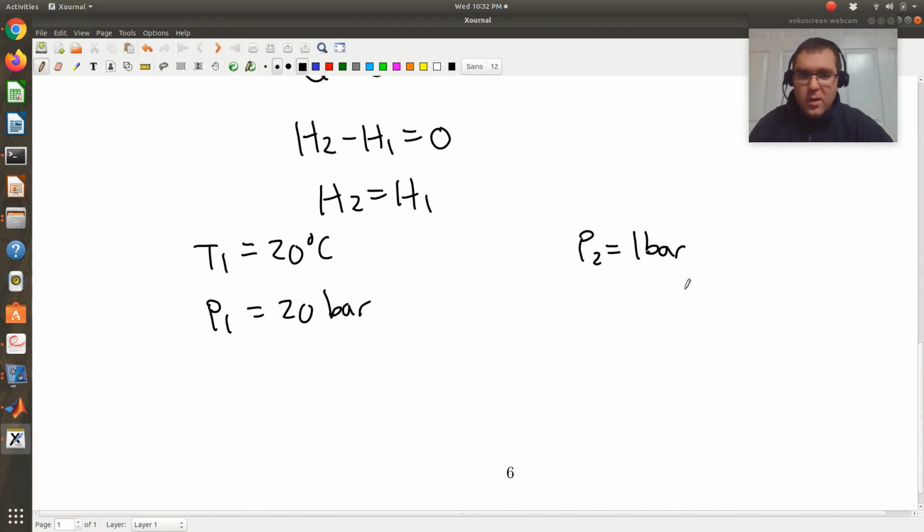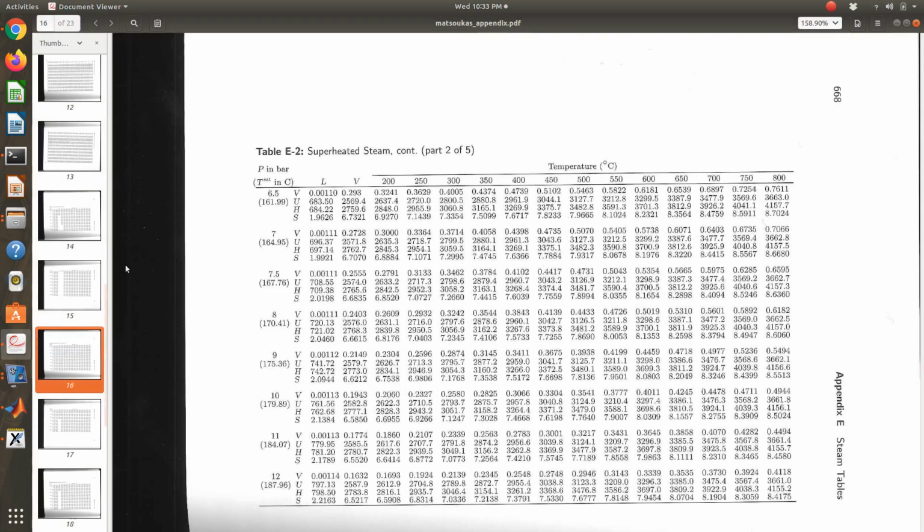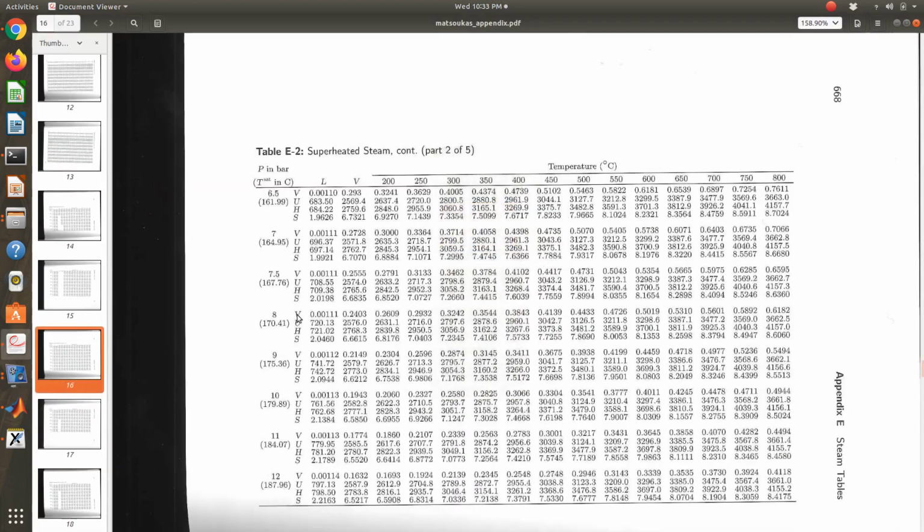So let's start by finding some thermodynamic properties for our system at 20 degrees C and 20 bar. My steam table should be hiding behind this page. Okay, here we go. So let's look at 20 bar.